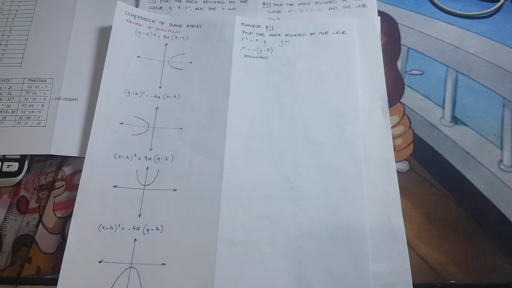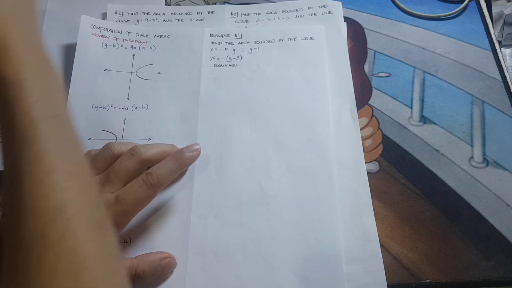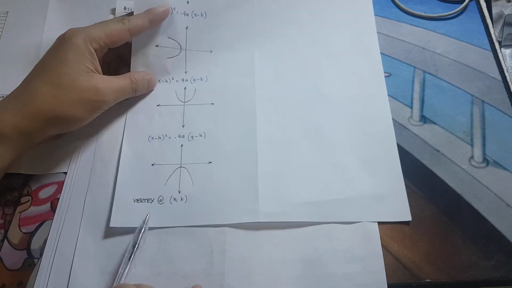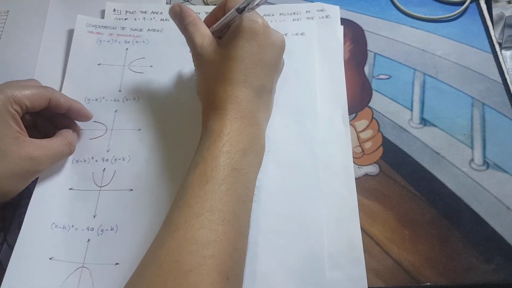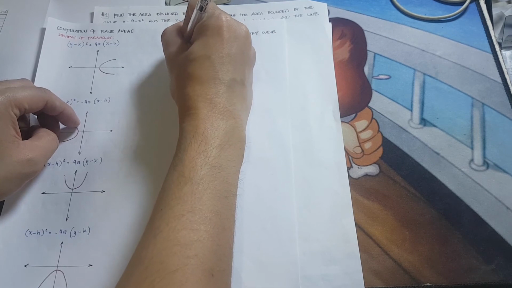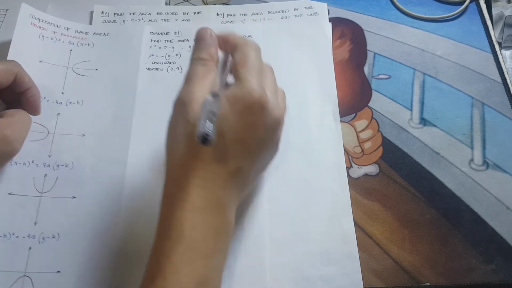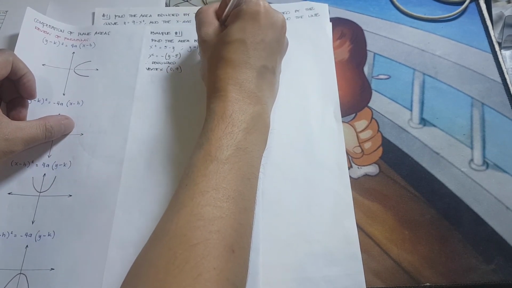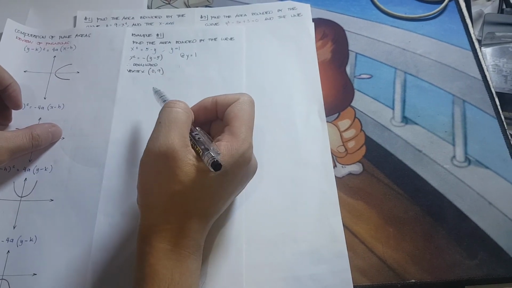Next, we have to determine the vertex. The vertex is (h, k). What is h? It is 0. And k is 5. Okay? So at y equivalent to 1, we substitute the value of y into our main equation.